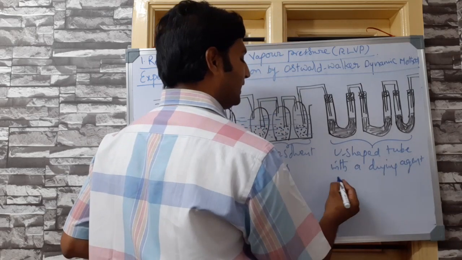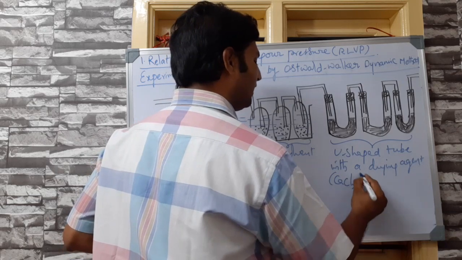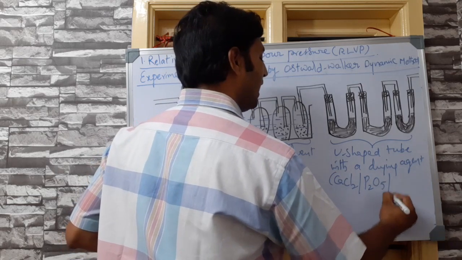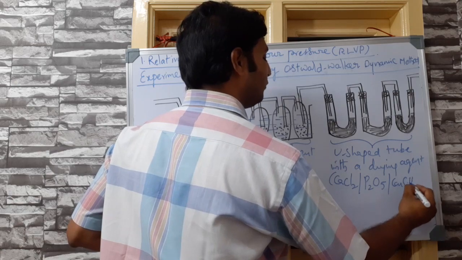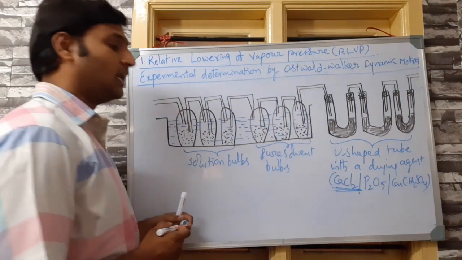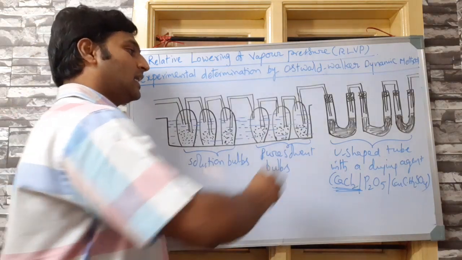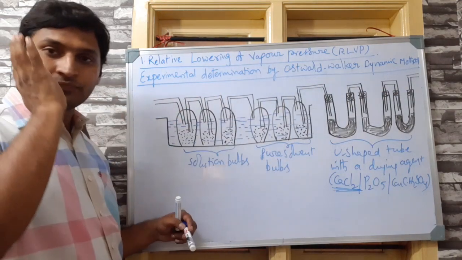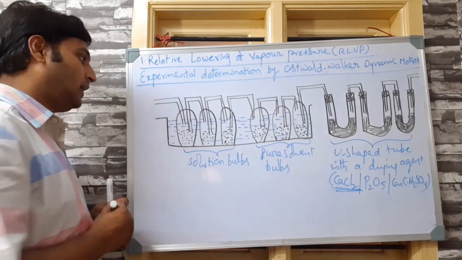Most popular desiccant is calcium chloride, but even phosphorus pentoxide or concentrated sulfuric acid could be used. But generally, most of the books write calcium chloride. So I can call them calcium chloride tubes. Right. Now you please understand.